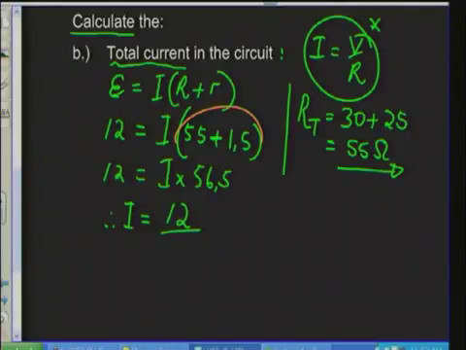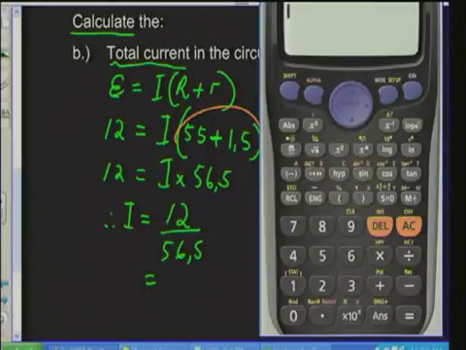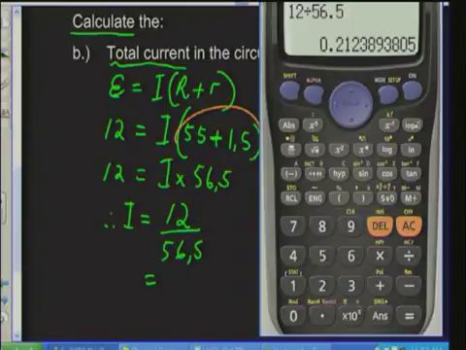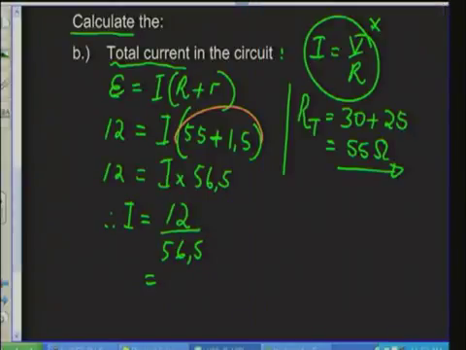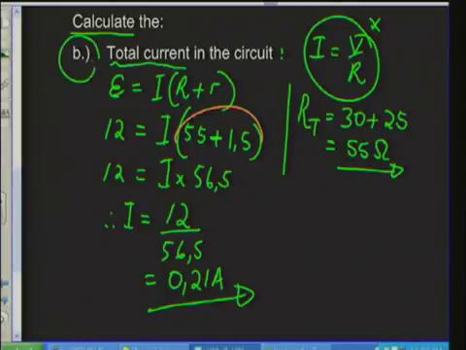So this will be 12 divided by 56,5, and therefore you're getting your current to be what? Take your calculator immediately. You say this is 12 divided by 56,5, and you get your answer to be 0.21 amperes, because that is current there. So your I is 0.21 amperes. Okay, so we've been able to answer number B here that talks about total current in that circuit.